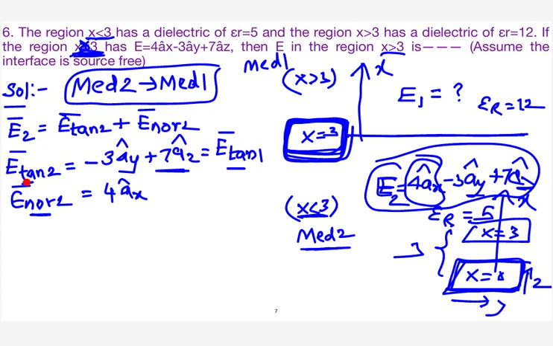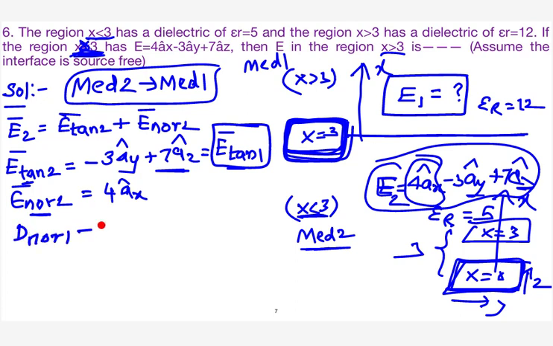You need to find out first of all E1. E1 means you need E tan 1 and E normal 1. E tan 1 I already got. So how do we find the normal component now? You have another boundary condition where D normal 1 minus D normal 2 is equal to rho s. This is the second boundary condition we got.